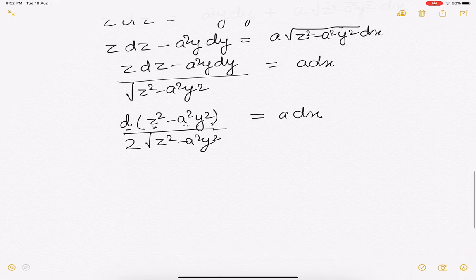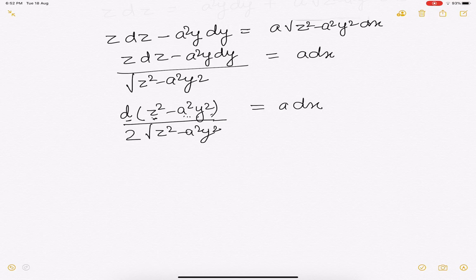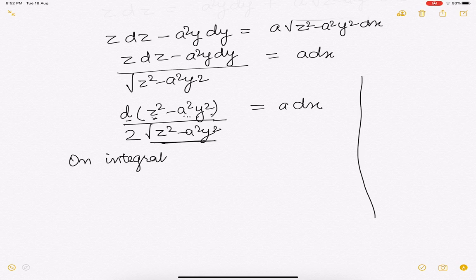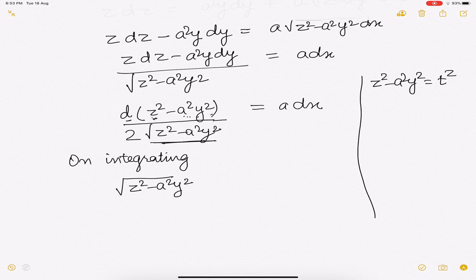We have the answer: if we integrate this term, taking z square minus a square y square equal to t square, this will solve, and we have the answer as root over z square minus a square y square is equal to a x plus some constant, say b.